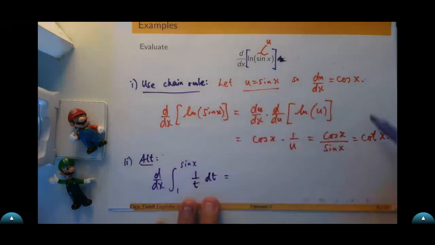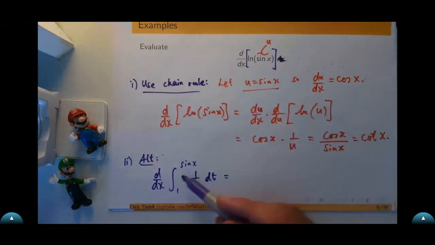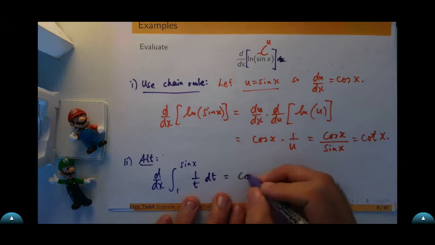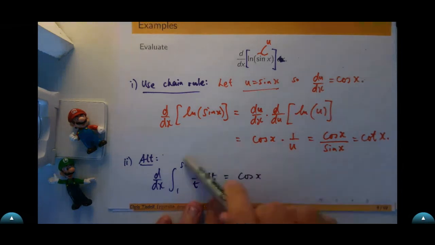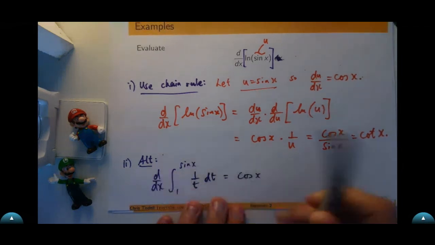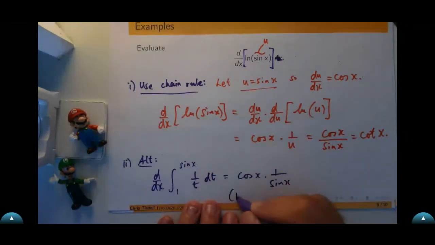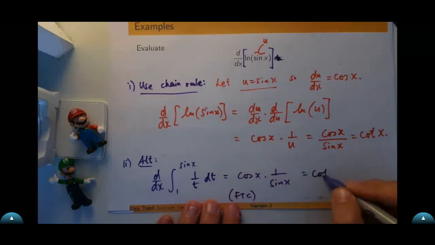So this one's more direct. I would recommend this. This one, it's nice to know, but I wouldn't recommend it. So the derivative of this comes to the front, and then you differentiate this and replace it with that. Cot x.